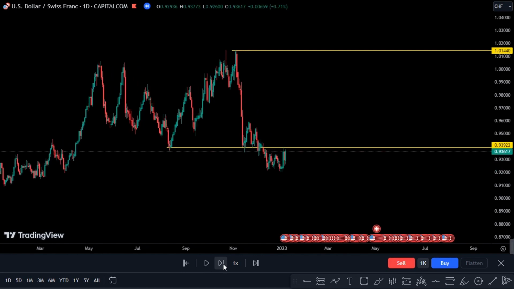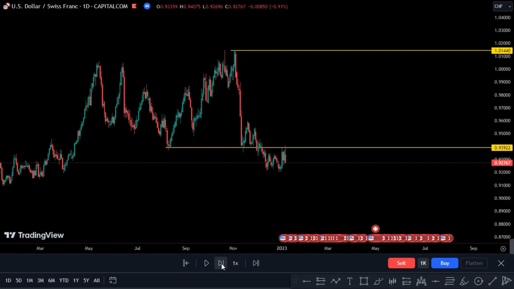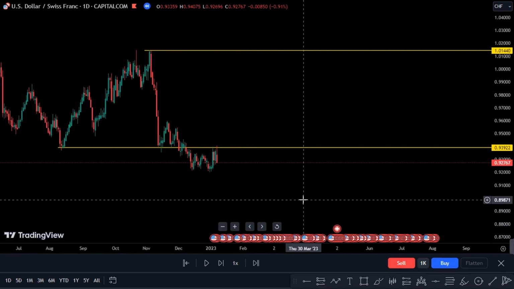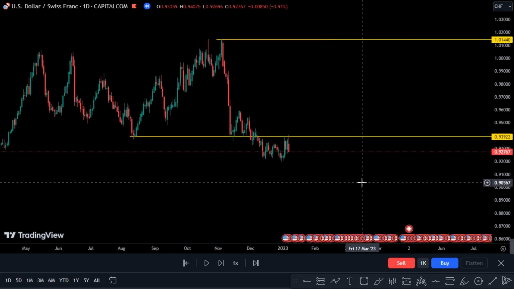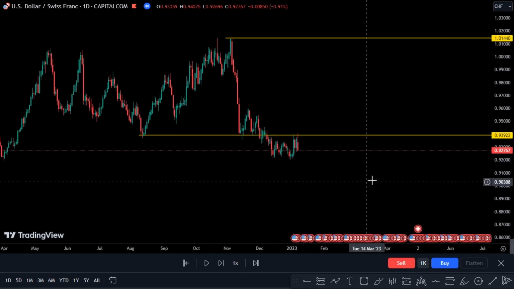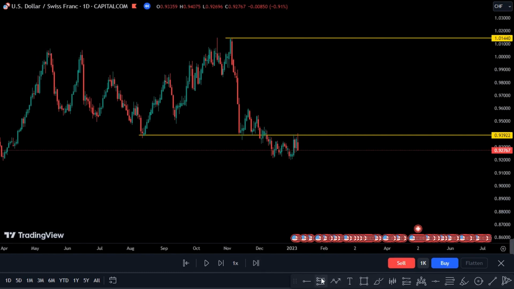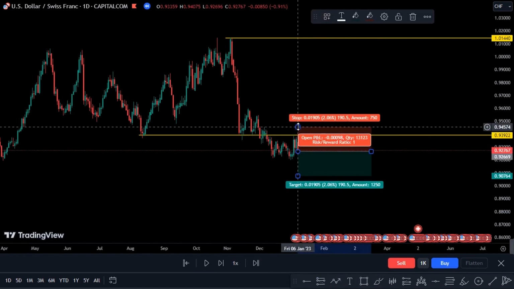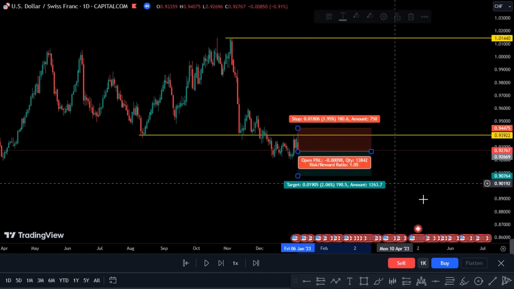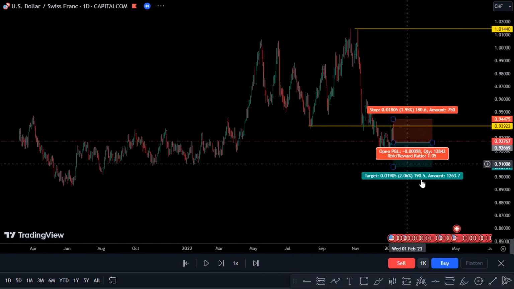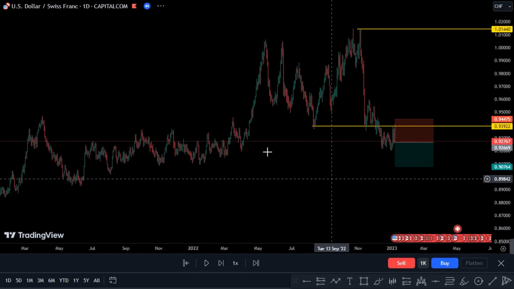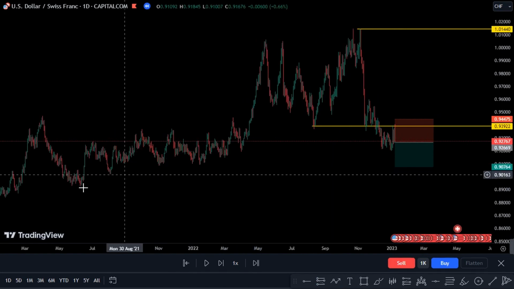So now we are waiting for a retest to this zone. Now we are waiting for proper price action. As you can see, we are getting that. So this is where you would take your short. You take your short here, then you have your stop loss just above the range, and then your take profit is going to be on the closest swing low.